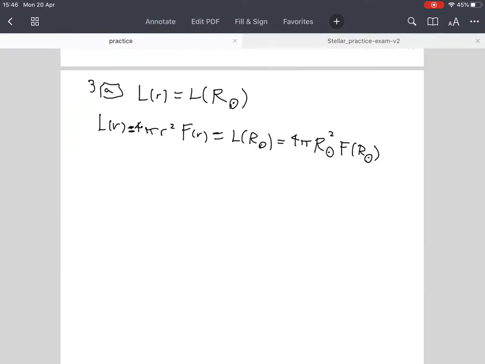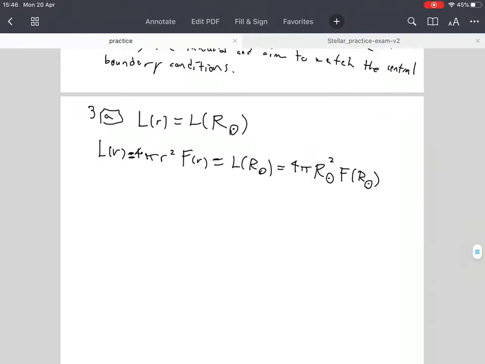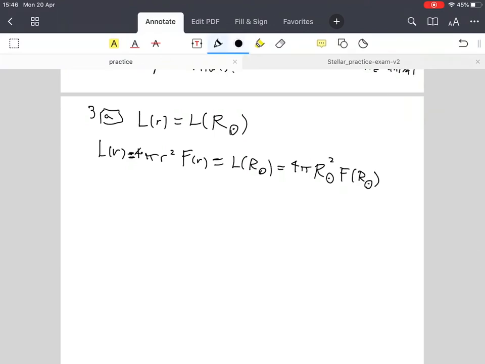Okay, that's fine. But where the Stefan-Boltzmann law comes in, what we're given is actually at the surface, we were given its temperature, and in that case then we have this flux flowing outward that originates from the core.